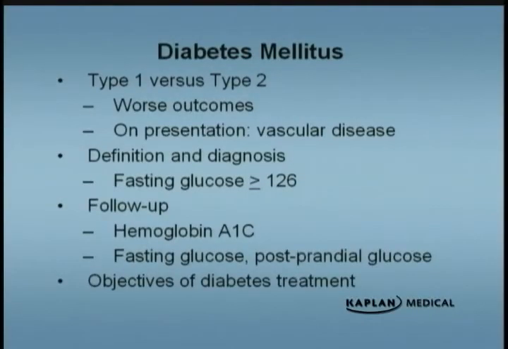It also serves another purpose. If you ask the patient what their sugars run, they always tell you it runs 125, 130. They usually check their sugar only when they feel they're doing well. A lot of patients don't check their sugar when they haven't taken their medications, or when they've eaten a bad meal, what they're not supposed to eat the other day. They don't usually check their sugars after that.